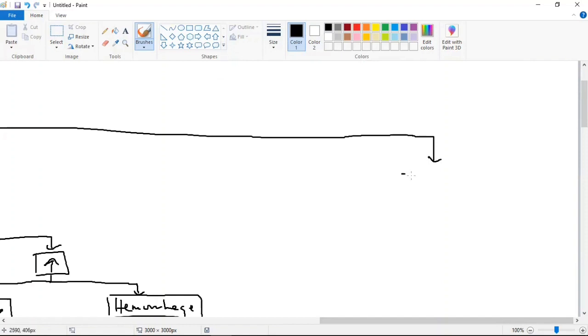So macrocytic, MCV greater than 100. We can further divide macrocytic into what? Into megaloblastic and non-megaloblastic.